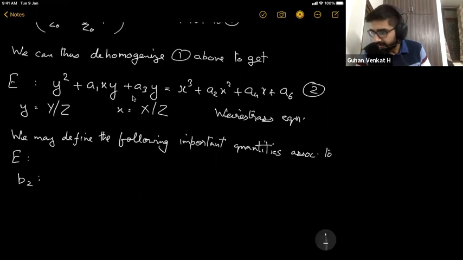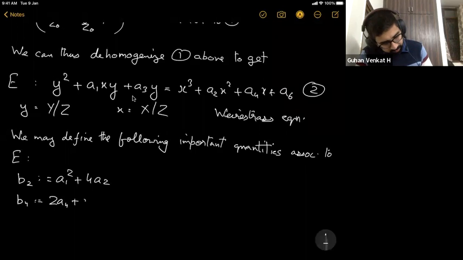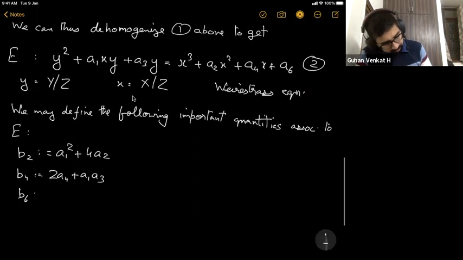So let's call b2 is a1 square plus 4a2. b4 is 2a4 plus a1 a3. b6 is a3 square plus 4a6.